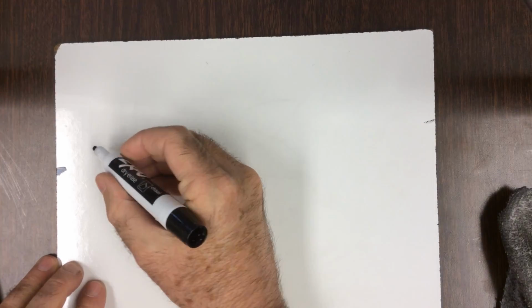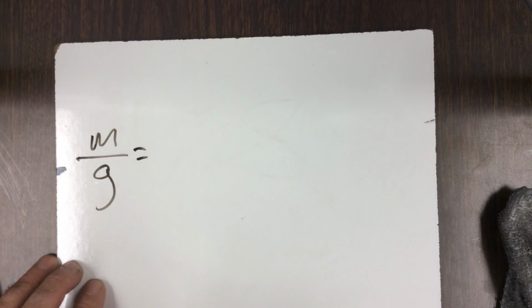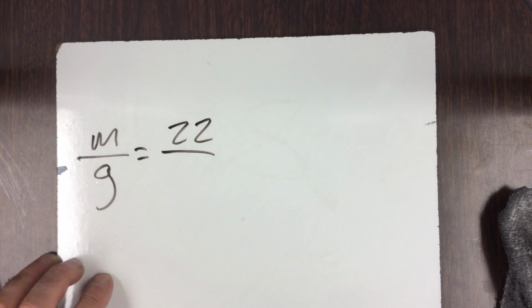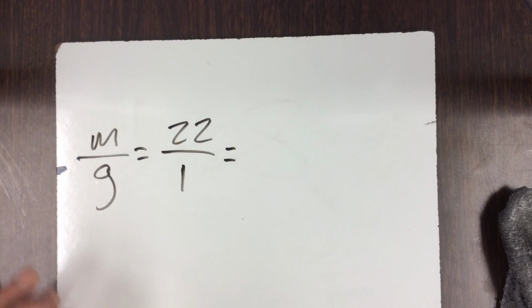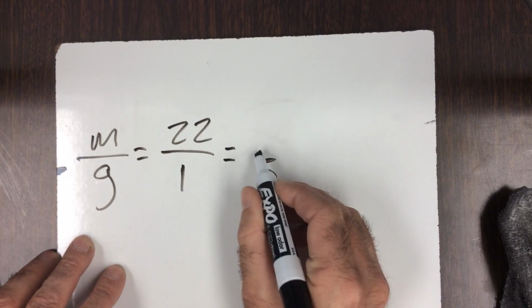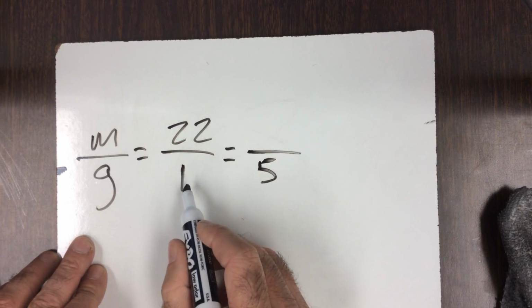The Conn's car averages 22 miles per gallon of gas. Predict how far they can travel on 5 gallons of gas. Let's set it up as miles per gallons. It's already set up as a unit rate: 22 miles per 1 gallon. We're trying to find out how far we can travel on 5 gallons, so we set up 5 on the same line as gallons. If we're getting 22 per 1, how many are we getting for 5?